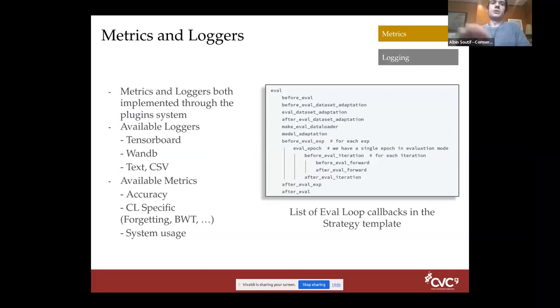And as it comes to the logger, there are very classical loggers that are already available, like the TensorBoard and W&B ones, and also text and CSV loggers. But of course, if you need your own logger, you can implement it yourself. It's really not very complicated.